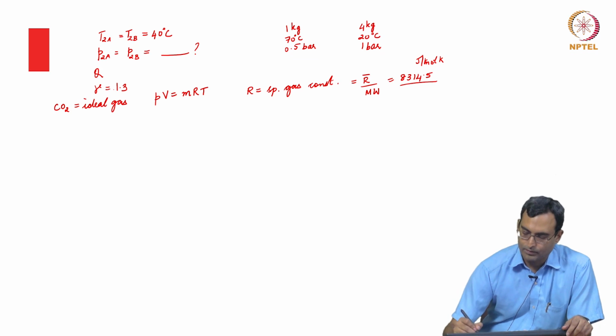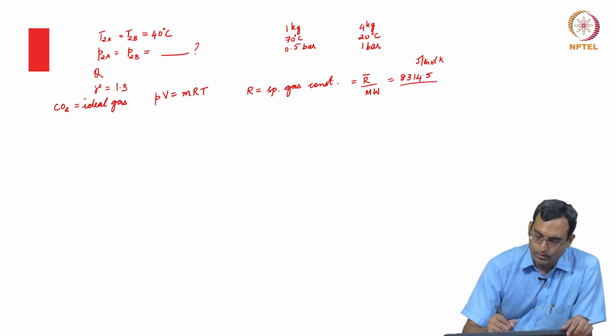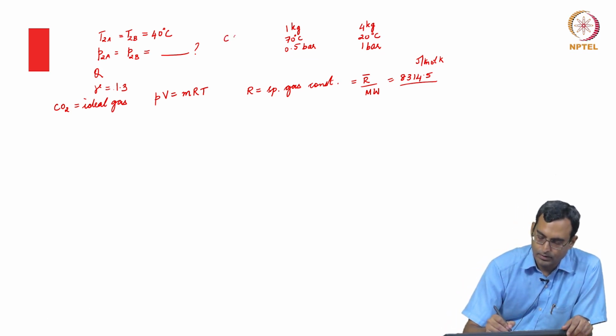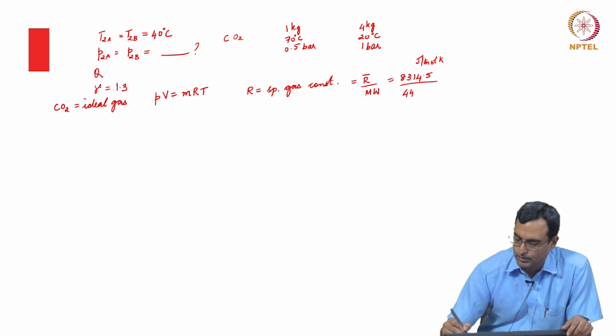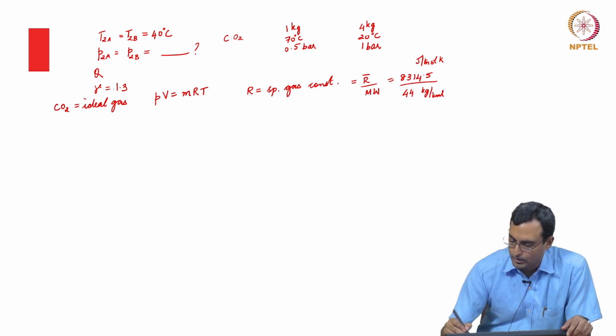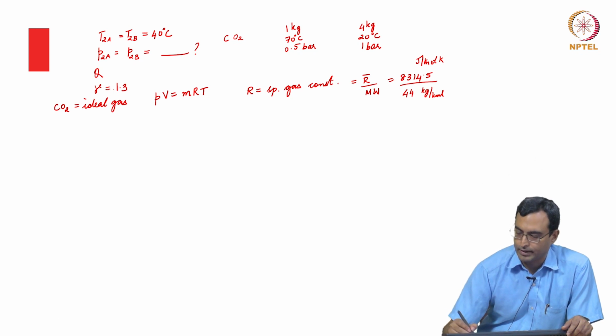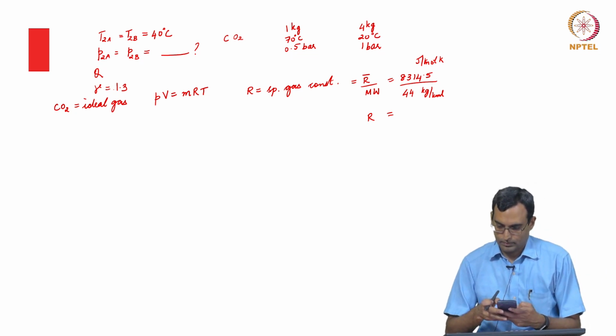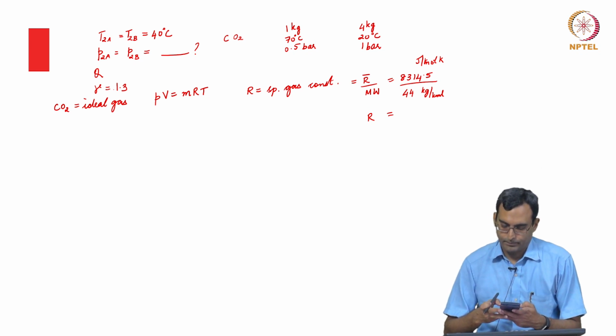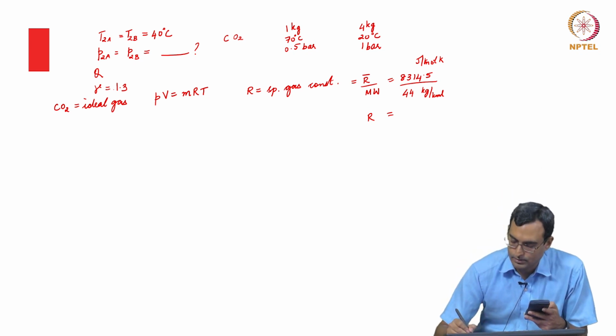The molecular weight of CO2: carbon is 12, oxygen is 32, so this is 44 kg per kilomole. So, the kilomoles get cancelled, I am left with joule per kg Kelvin, and my value of R over here is 188.96.